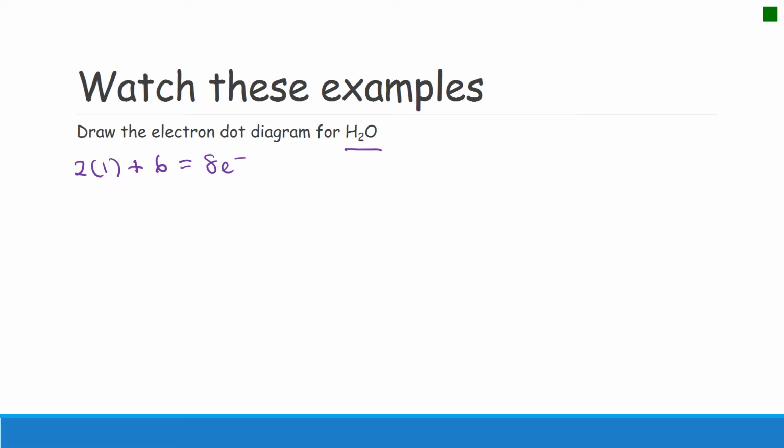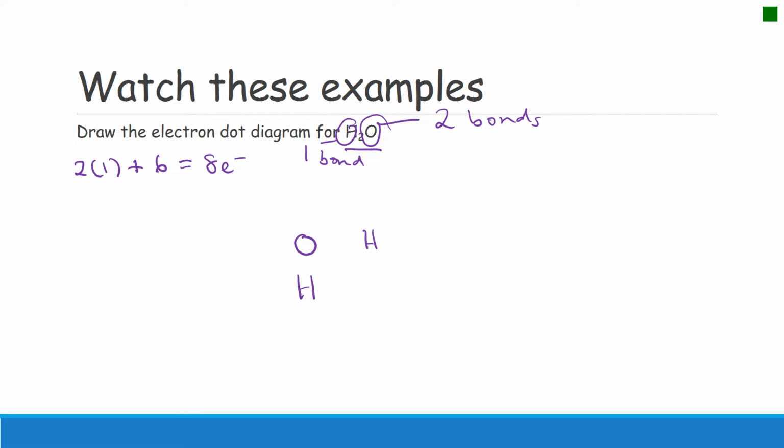Now, oxygen with 6 valence electrons is capable of forming 2 bonds because it needs 2 more electrons. But each of the hydrogens is only capable of forming 1 bond because it needs 1 more electron. So our central atom is going to be oxygen, and we're going to put the hydrogens around it.